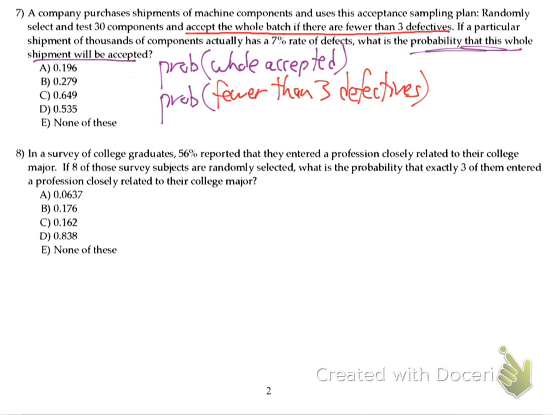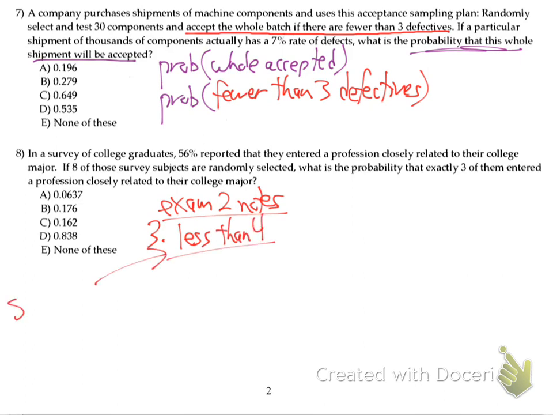On the exam 2 notes that I assume you're going to have with you on exam 2, Tuesday, part 3, one of them says less than 4. That's the same as fewer. Fewer and less are the same kind of thing.